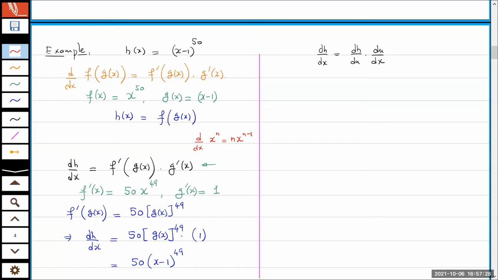All right. Now, suppose that my h of u now equals u to the 50. And then I take u equals x minus 1.